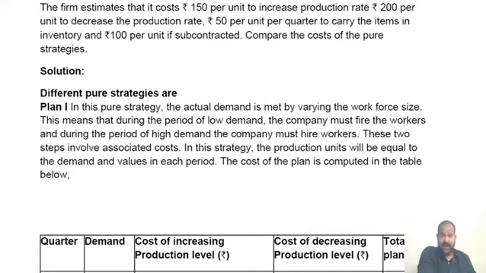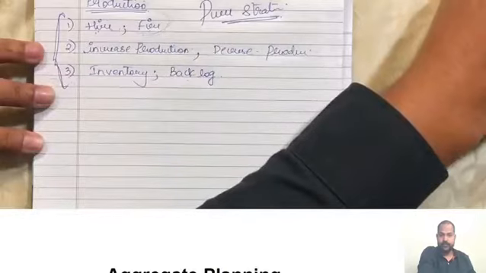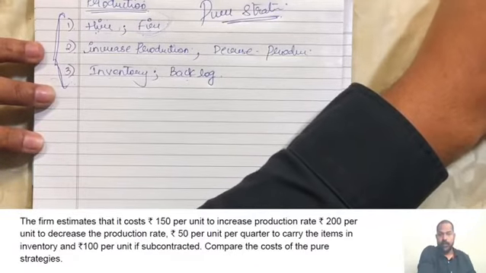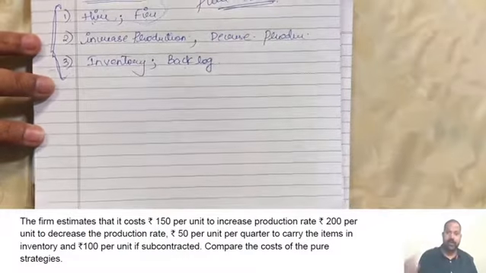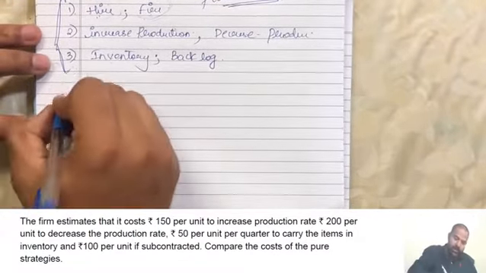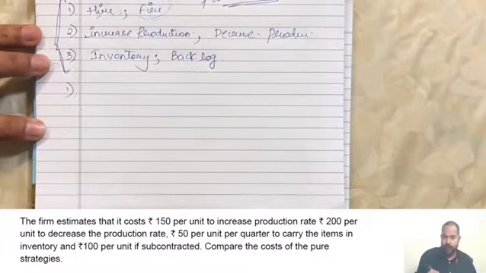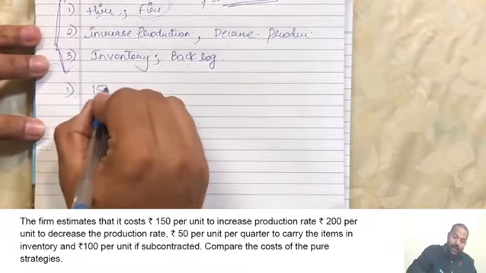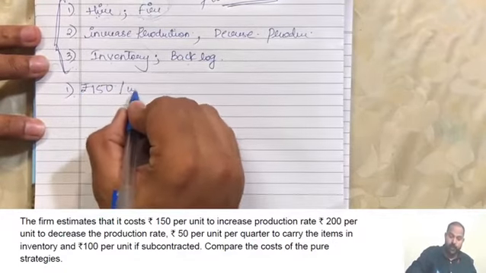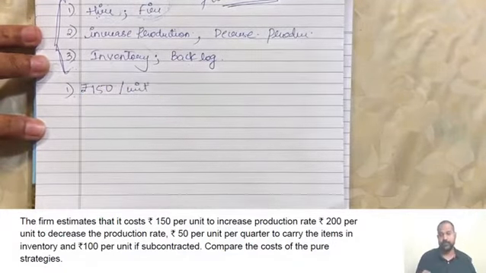Let's understand what the pure strategies are in this question. So if you notice strategy number 1, you are letting me increase production by rupees 150 per unit per quarter.